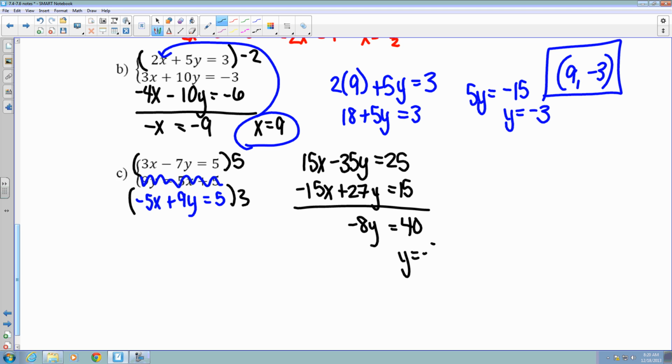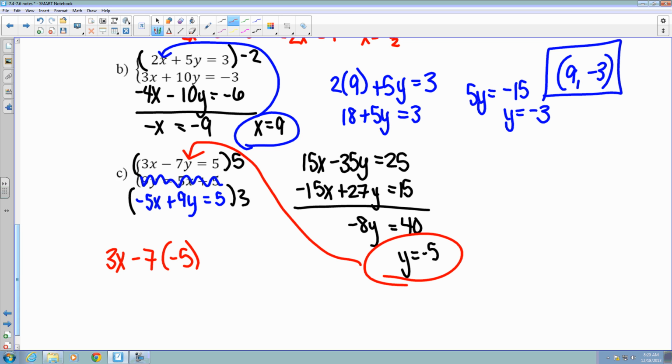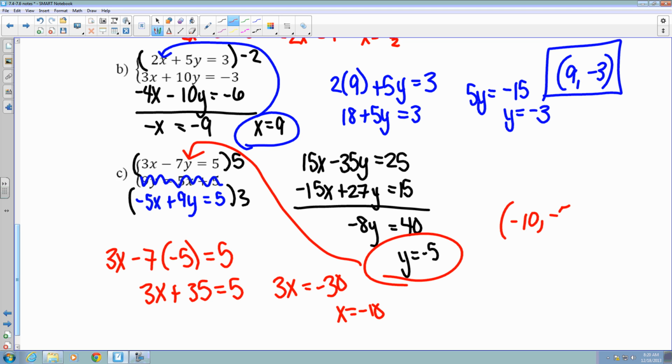So y is negative 5. And then I put the negative 5 back into probably the top original. So negative 10, negative 5 is our answer on that.